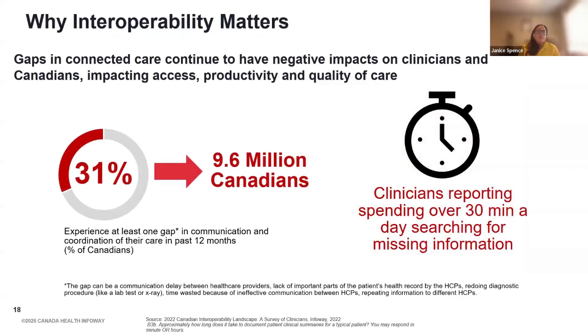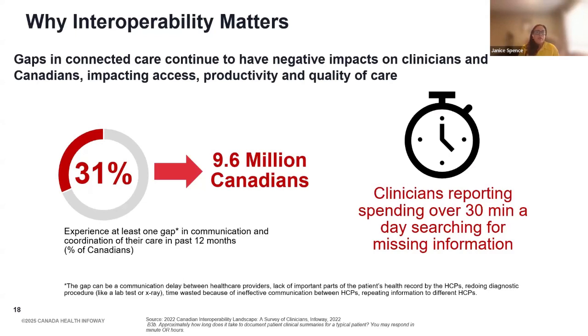So this is to give a real world example of where interoperability, or the lack thereof in terms of having gaps in connected care, can have negative impacts on our healthcare system. So where it serves to make a real difference is improving patient care through access, productivity, and quality of the care delivered.